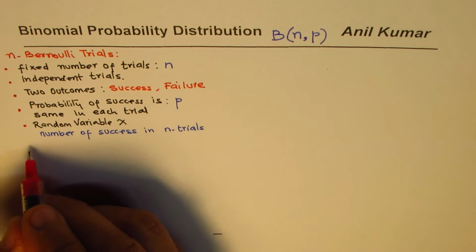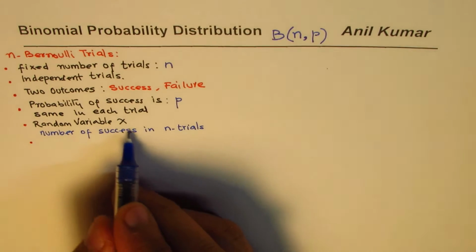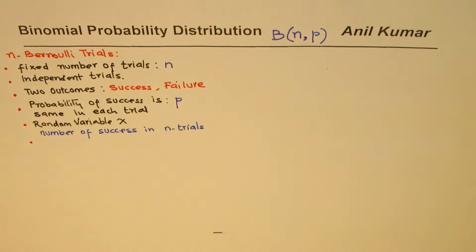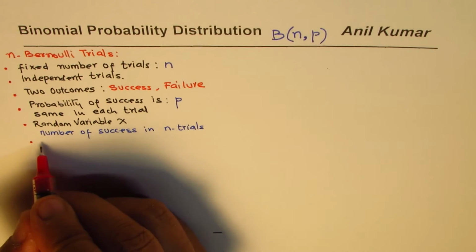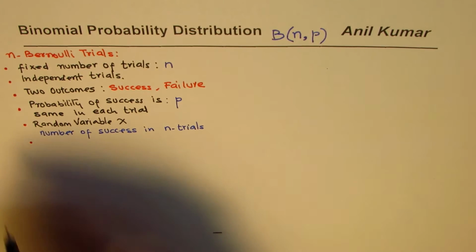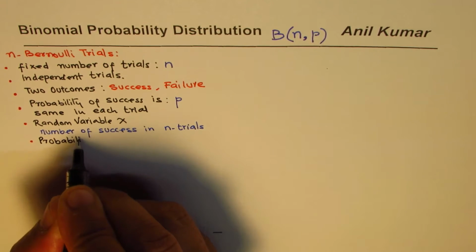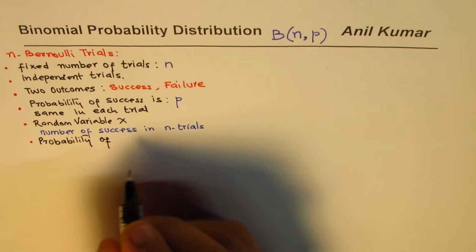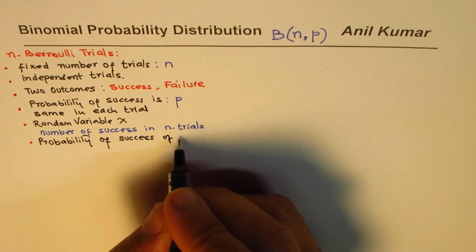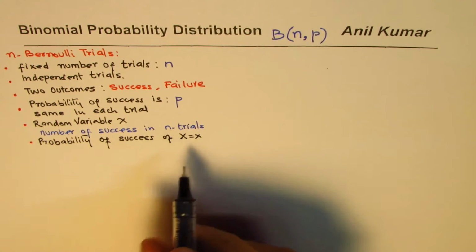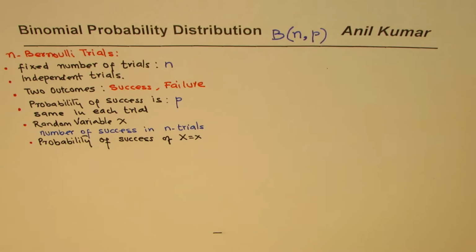There are a few more terms which you will come across. One term is the probability of each of those successes, the probability of getting a given number of successes. So we have the probability of x equals little x, where little x is those numbers, which could be 0, 1, 2, 3, 4.